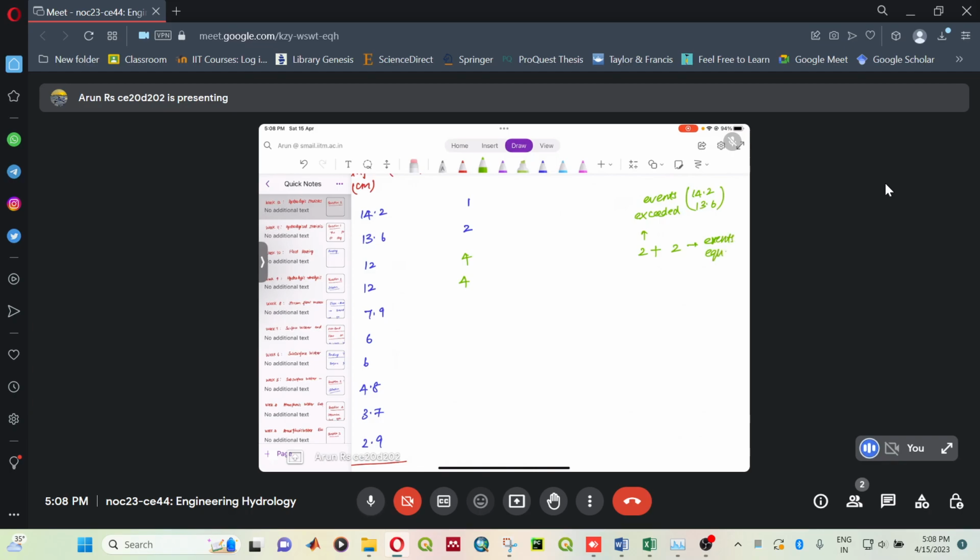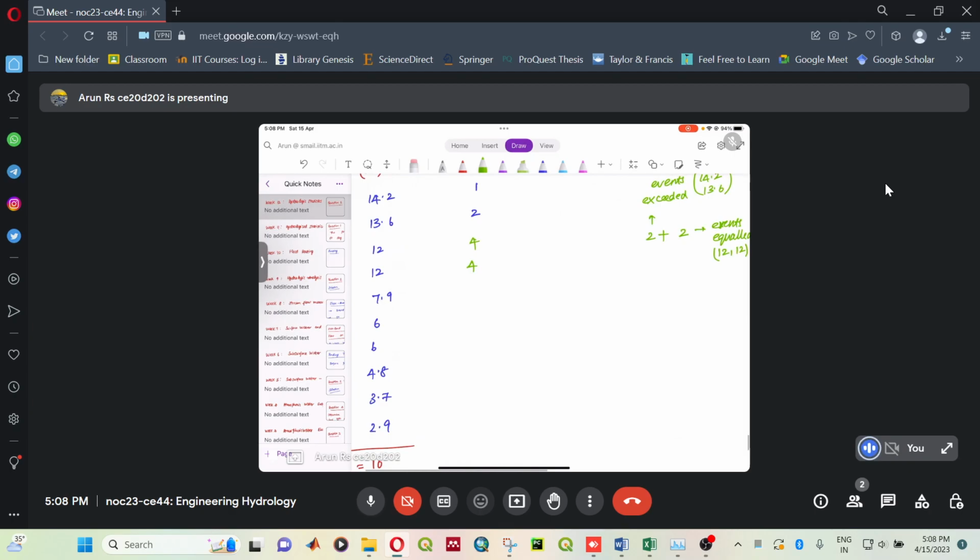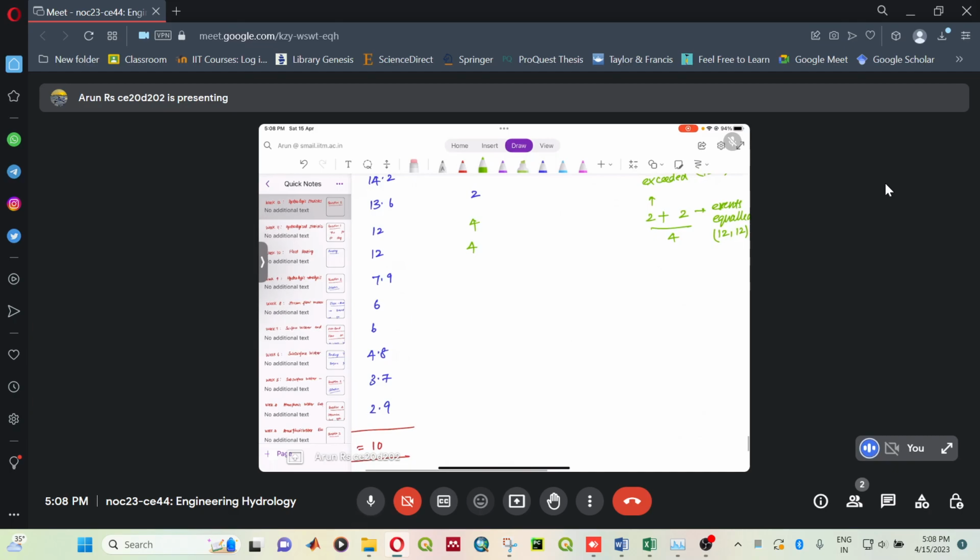Events equal are 12, 12. So 12 occurred twice, and 2 events are already exceeding the magnitude of 12. So 2 plus 2 is 4. That is what we basically assign as the rank.